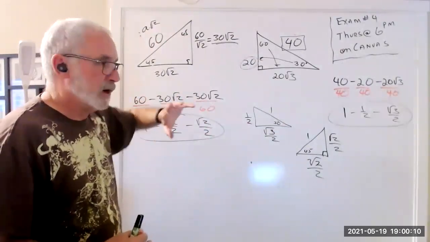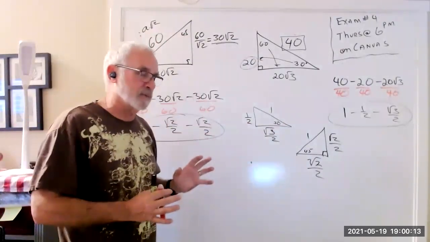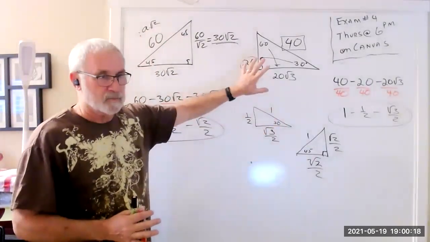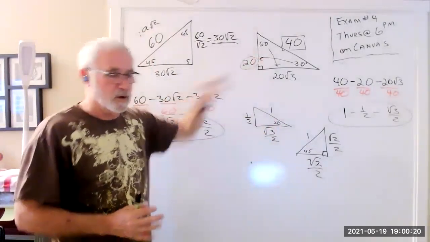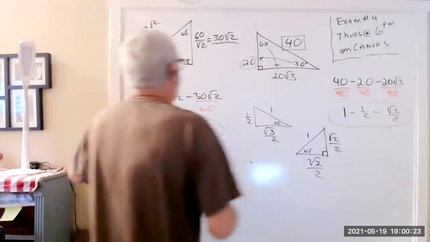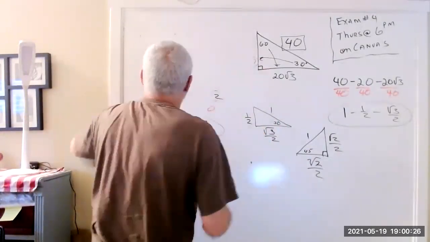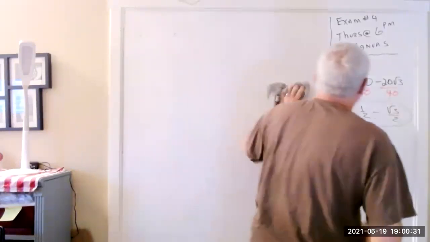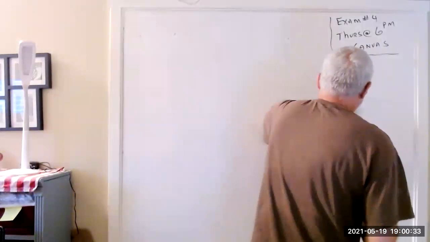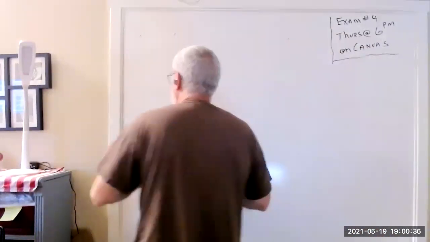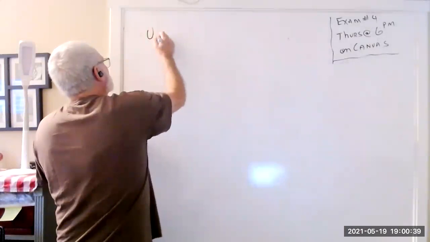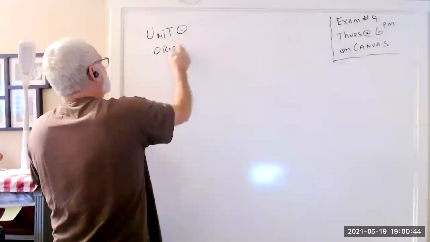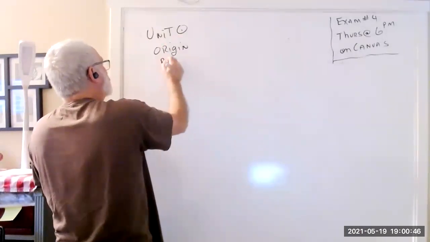Any questions before I show you how all this fits together, what I'm trying to lead you to? Any questions about any of my arithmetic up here? No, okay. Now, on the practice sheet, I talked about something called the unit circle. I said it's at the origin and its radius is 1.